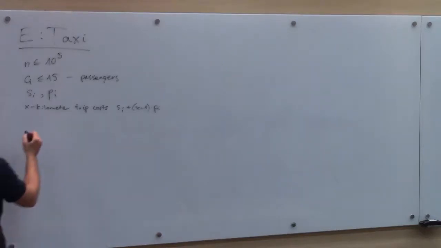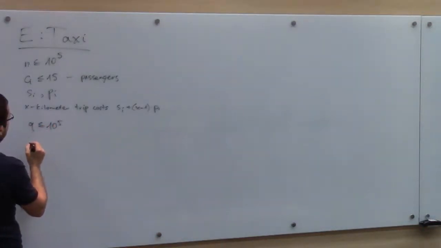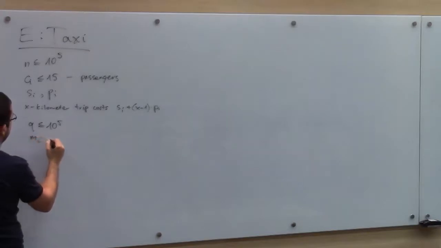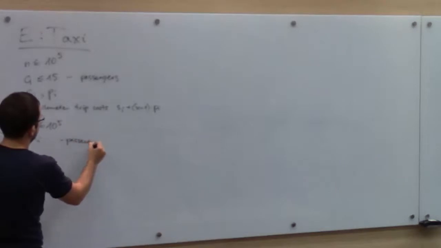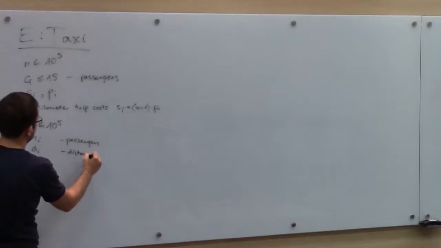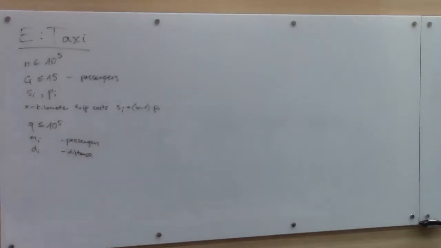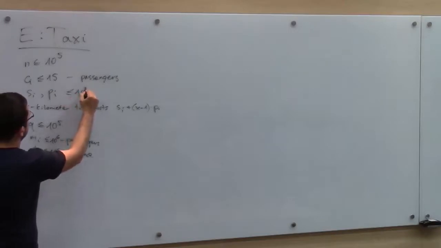So each query is determined by MI, the number of passengers, and DI, the distance. And once again, MI and DI could be quite big. They are up to 10 to the 6th, and I think these are like 10 to the 9th or something like this.